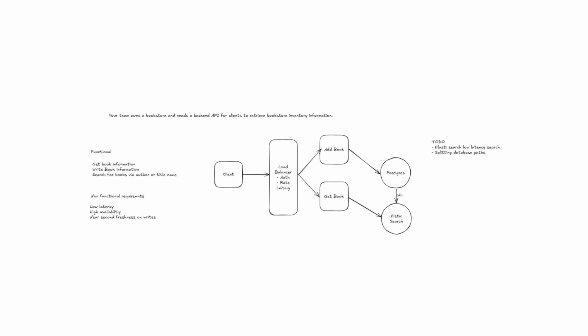If we want to search for title alone, I think we can have an index on book title in Postgres. And if we're just searching by title, we can probably just get it from Postgres. But if we want to search by metadata, we can use Elasticsearch for that.